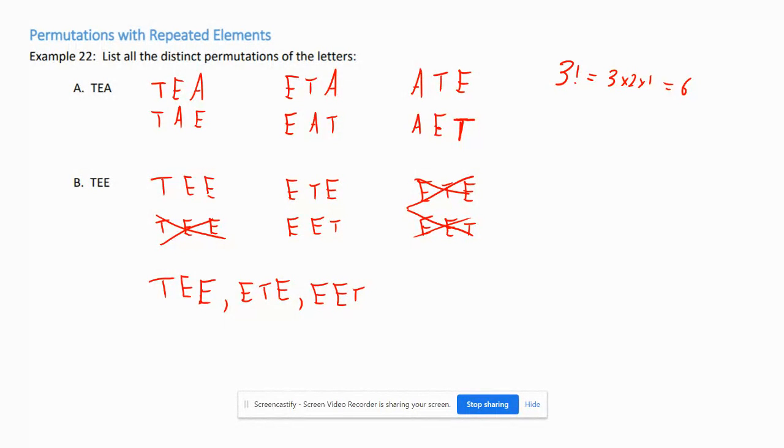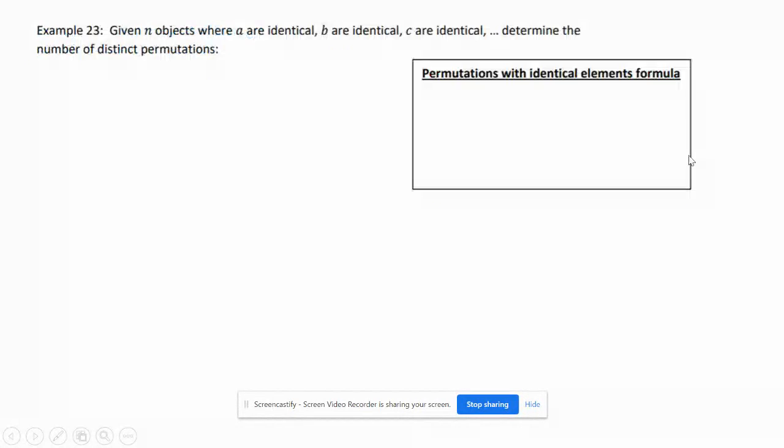Okay, now here's how we did this one. If I have 3 letters, I'm going to say 3 factorial ways of arranging them. But if I have 2 letters which are the same, I'm going to divide by 2 factorial. And that's going to be 6 divided by 2, and that gives me 3, which is these 3 right over here. Okay.